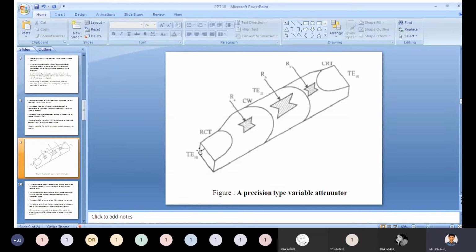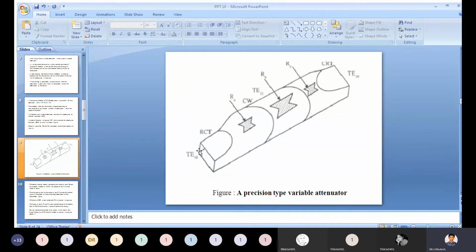Hence, a pure TE11 mode is excited in the circular waveguide section.